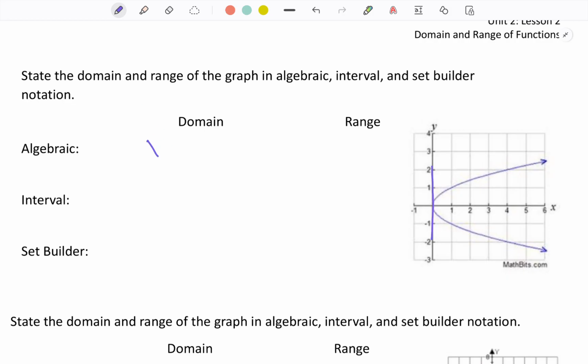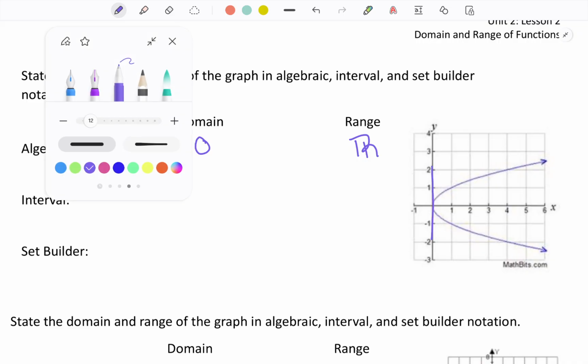So in algebraic notation, this is going to be x is greater than or equal to 0. And then for the range, we have no limit for how far we can go down. We have no limit for how far we can go up. So this gives us all real numbers.